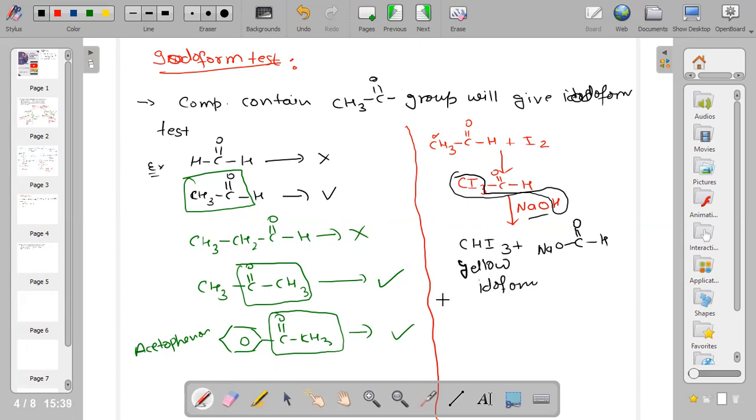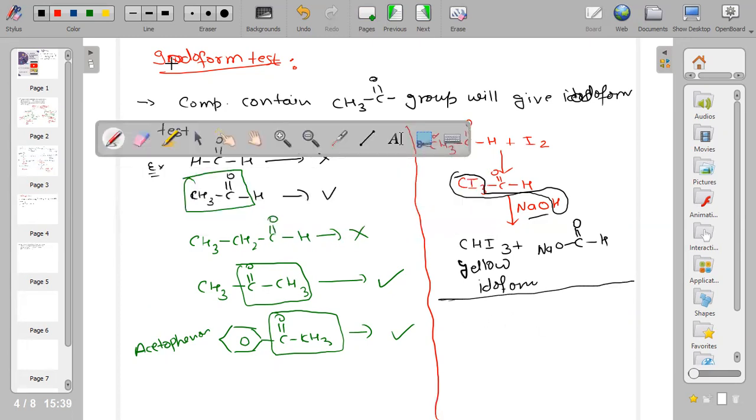If I'm writing another example, just one more: CH3COCH3. If in place of I2 plus NaOH, it is directly written in the notebook as NaOI with heat, this is also an iodoform test.